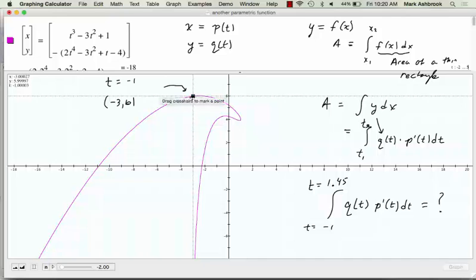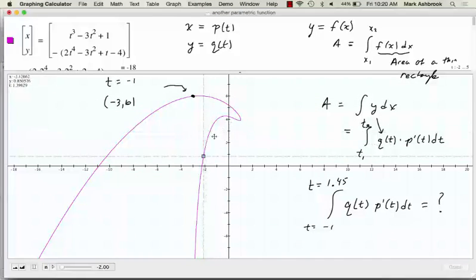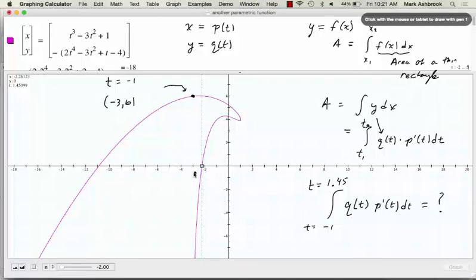Okay, there's that right there. And then 1.45 is basically that root right there. So here is t equals 1.45, the point -2.26, 0.